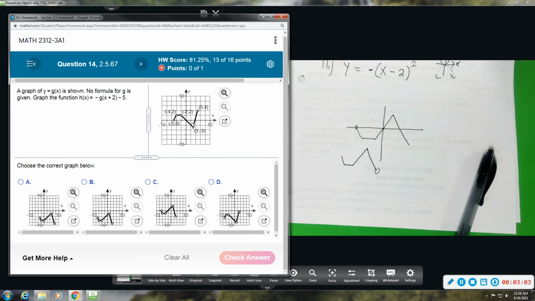So looking at just the ones that are flipped correctly, this one looks like it's flipped correctly, this one, and this one. So D would be eliminated based on just the flip. Then once we flip, I want to move this down and left.